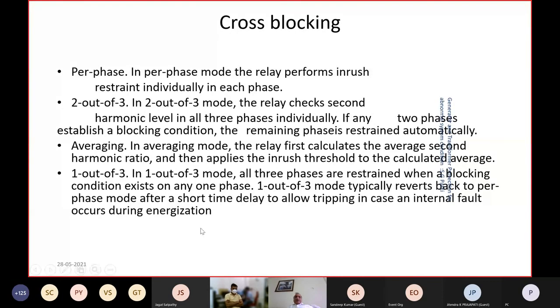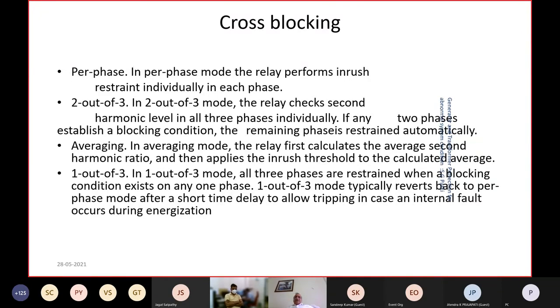Further, modern relays also have additional algorithms where not only the percentage of second harmonic is taken as a criterion, they also do waveform analysis, and from the waveform analysis they can decide whether there is a switching phenomenon causing the inrush current, or some other phenomenon like CT saturation or fault condition. So malfunctioning due to various other phenomena is also prevented. That is the advantage of this new technology.